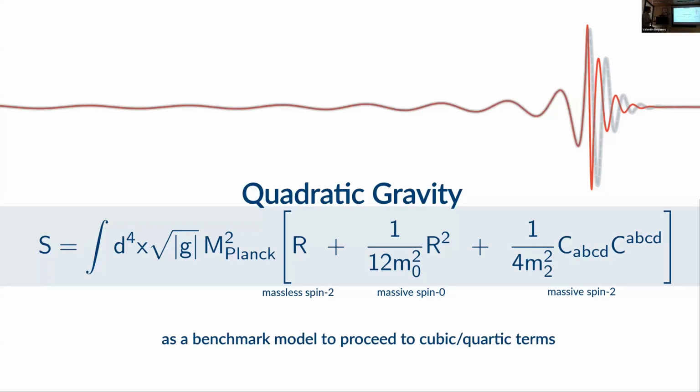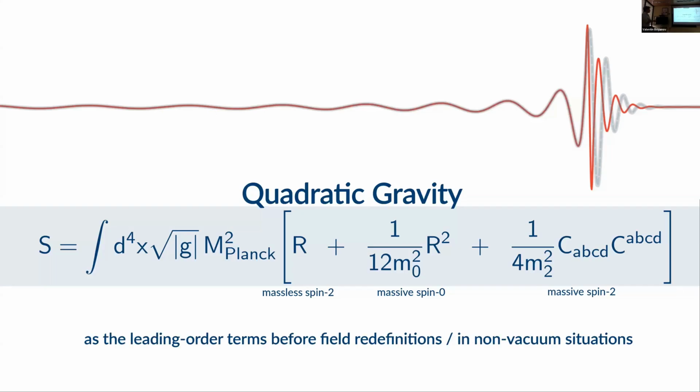So that's certainly useful, but then you can also use it, as I mentioned, as a benchmark model to proceed to the higher order terms, or as the leading order corrections for field redefinitions or in non-vacuum simulations. I actually also think it's a super interesting question, which we can now answer even in principle: in the gravitational case, at what point do these field redefinitions break?